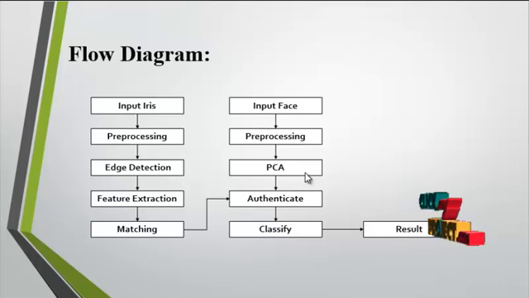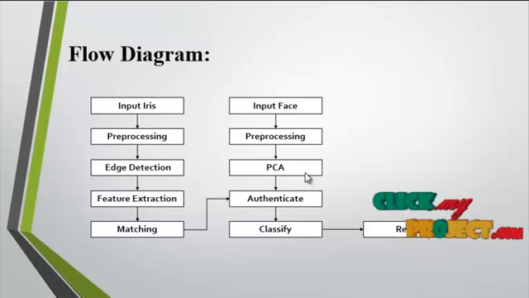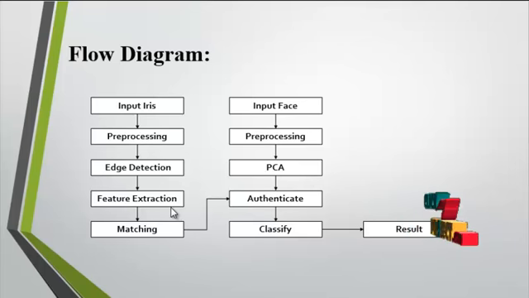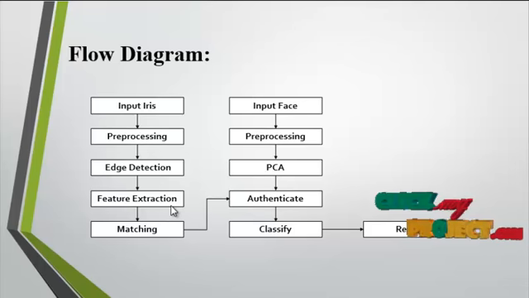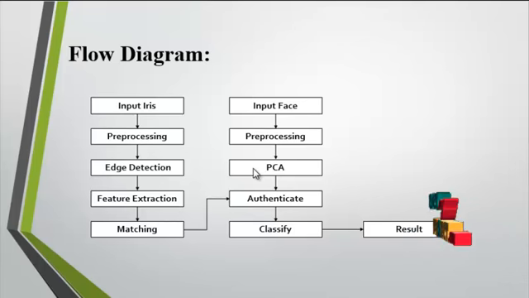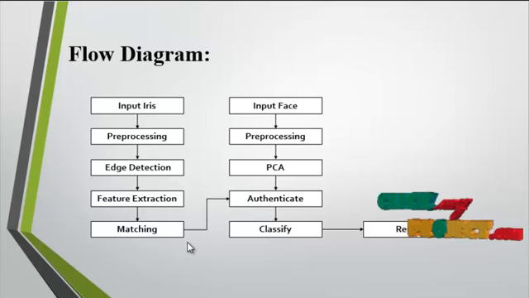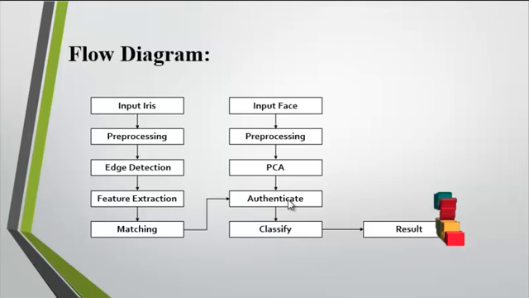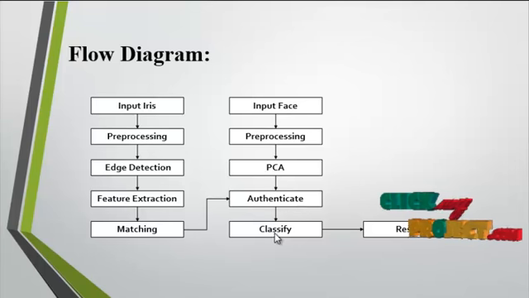In PCA, the feature is extracted from the pre-processed image, and the total features extracted from the input iris image and the input face image are fused using the score level fusion technique. Then the authentication is done using the classification method.